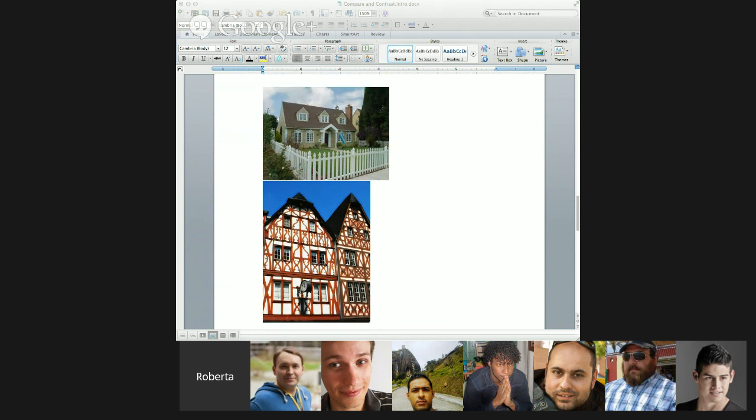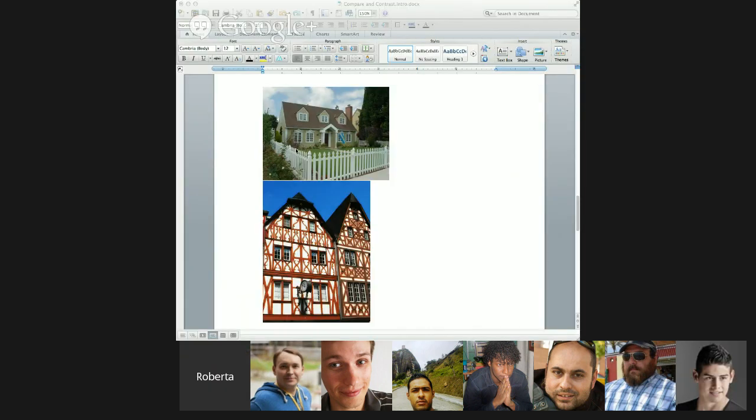So I'm not sure if Google did it correctly, but these are apparently, according to Google, typical houses in America and Germany. So, what are some differences and similarities that you can see in these two different houses?